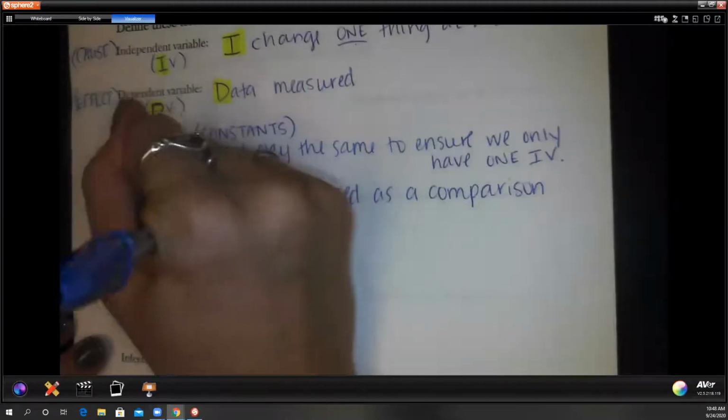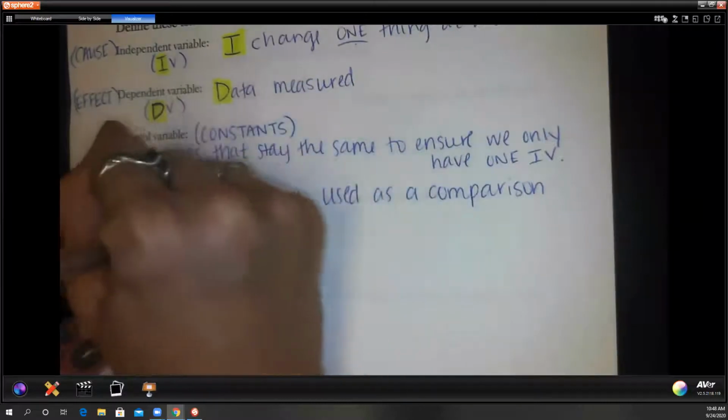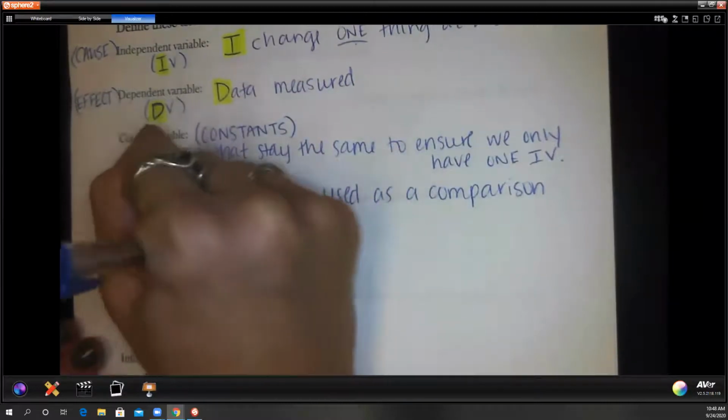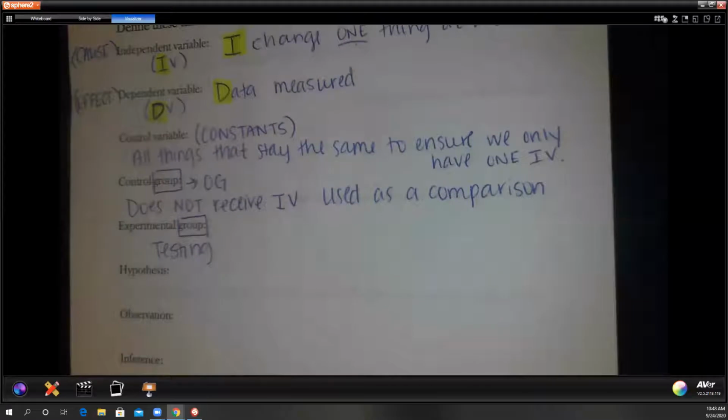My experimental group is the one that I'm testing. Think about what's not normal. Is it normal to put ice on a frog? No, that's why our experimental group was the one that got the ice, right?